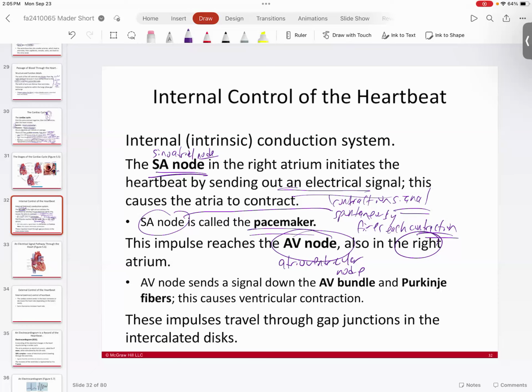And so it basically retweets the signal, but then it has to send it to the ventricles. And it sends it to the ventricles by way of what's called the AV bundle, or the bundle of His. And then from there, it'll go through what's called a bundle branch system.